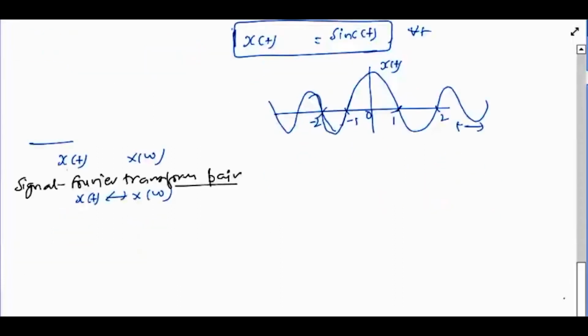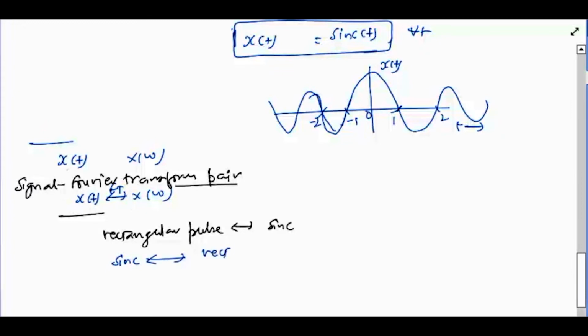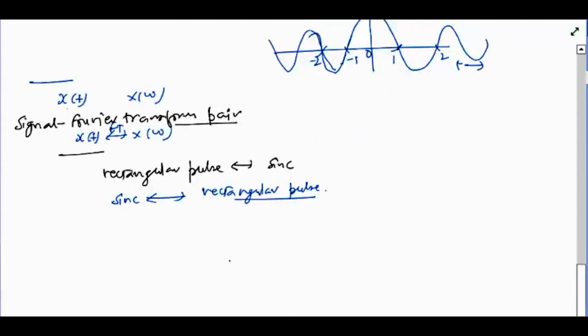So what we just observed, that for a rectangular pulse, its Fourier transform is sinc, and for a sinc function its Fourier transform is a rectangular pulse. So we see a duality between Fourier transform and inverse Fourier transform. We will see several such dualities as we go along.